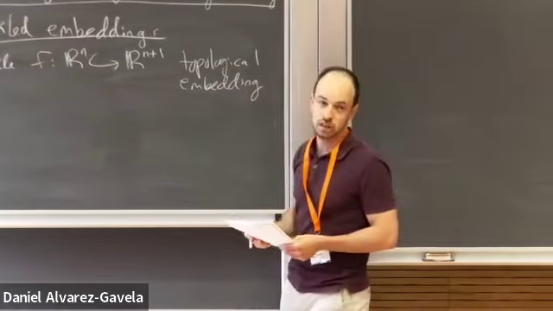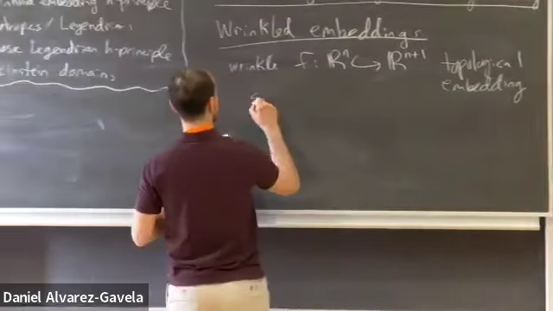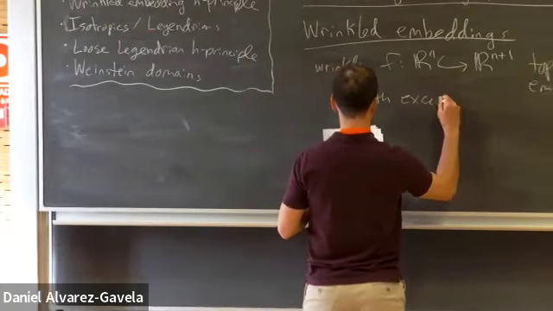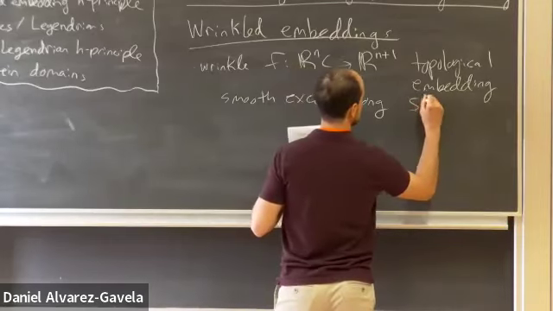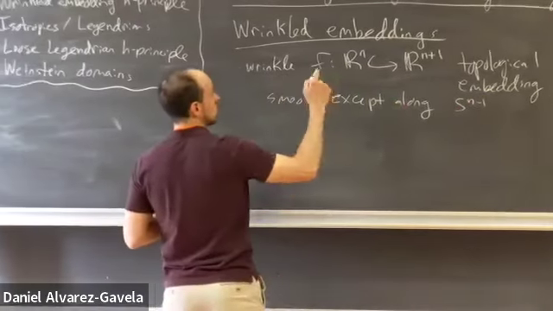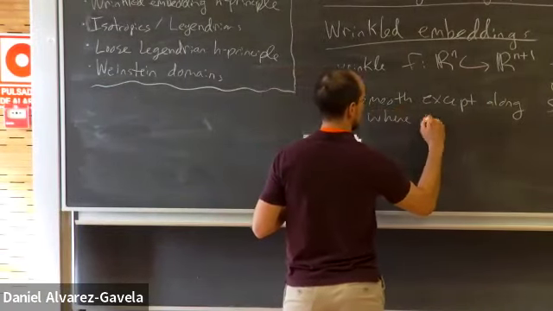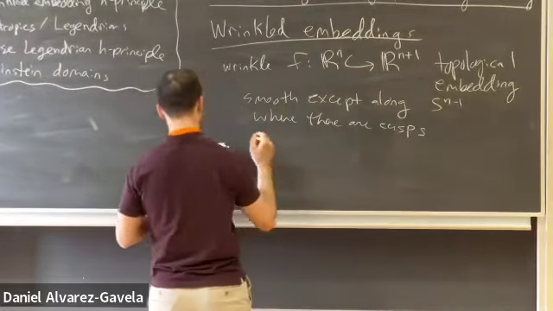Remember, Kai was talking about wrinkled submersions, and it's going to be a smooth embedding, except along an n-1 dimensional sphere in here, where there are cusps. I'll draw a picture in a second.